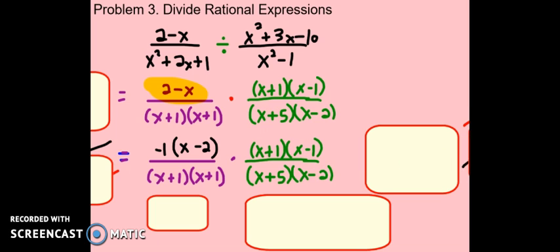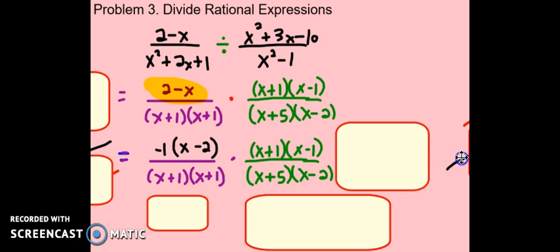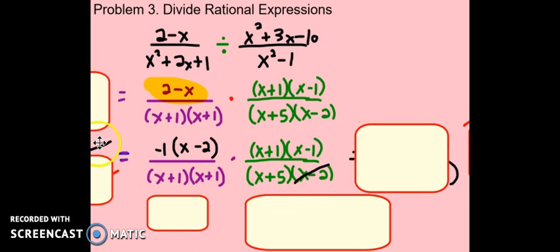So I am going to look for where I could reduce it. So I notice right away that x minus 2 and x minus 2 reduce. And the rule is it's a numerator and a denominator.